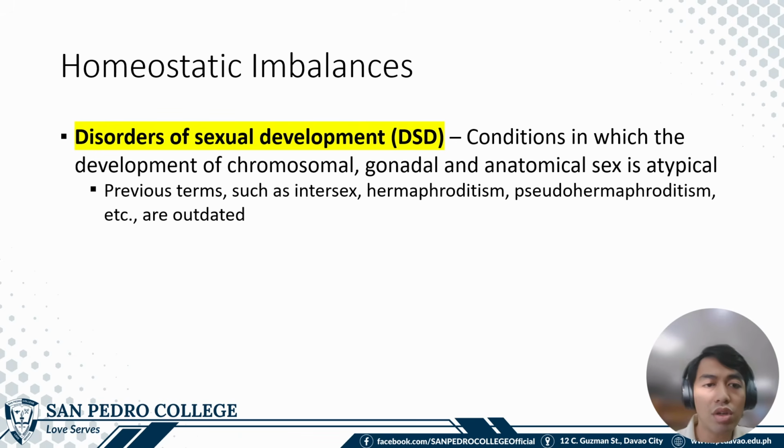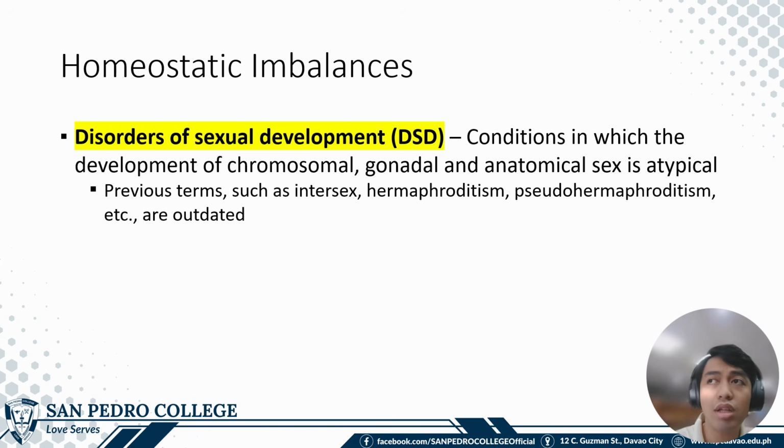We also have the disorders of sexual development, wherein there is a mismatch of the chromosomal sex, of the gonads, of the external genitalia, and of the hormones. So any of these four may not be typical of the sex, male or female.